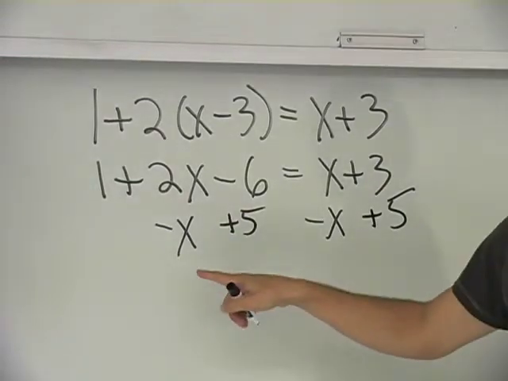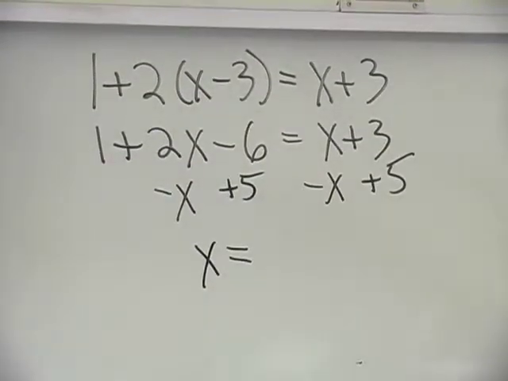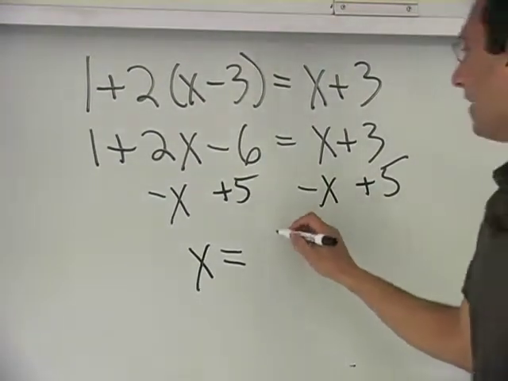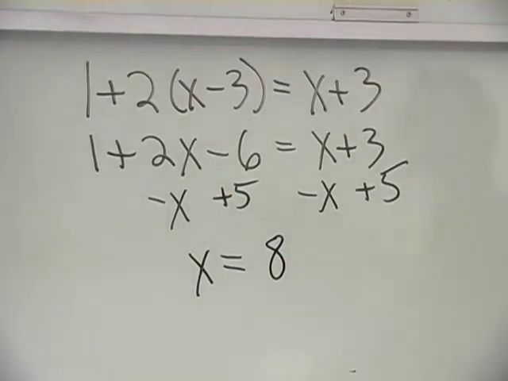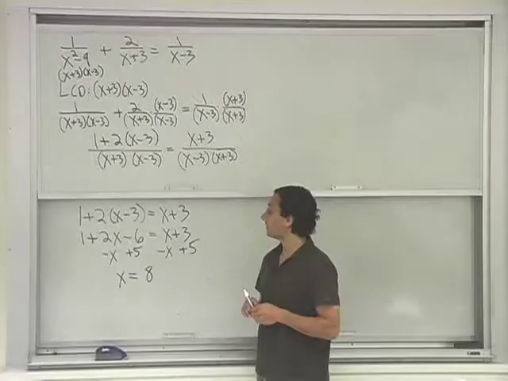On the left-hand side, 2x minus x is just x, left with an x. On the right-hand side, 5 plus 3 is 8. So we just solved this linear equation.